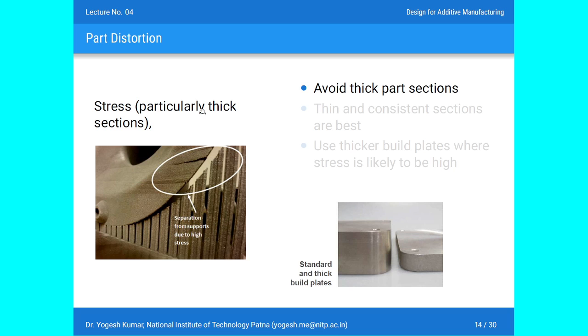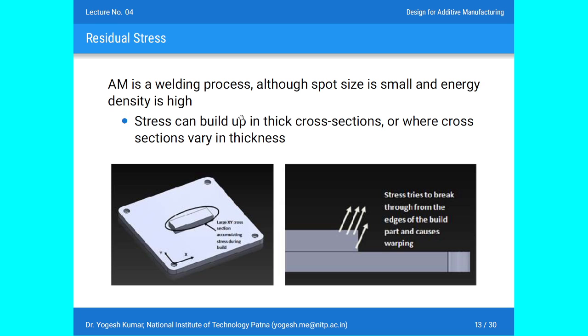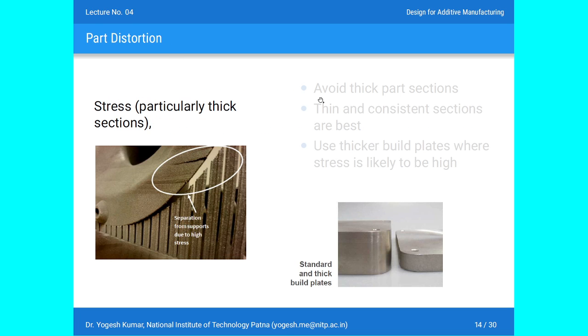In order to avoid part distortion due to residual stresses, you need to avoid thick part sections. Thin parts and consistent sections can be printed accurately in metal additive manufacturing processes.